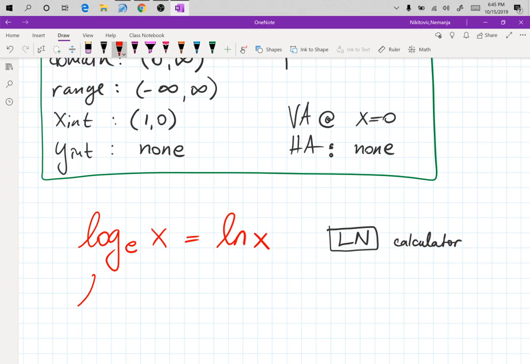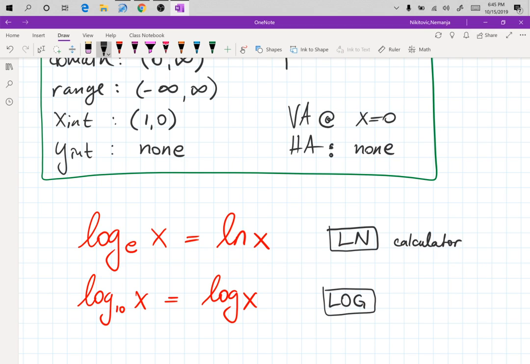The other one is log base 10 of x, which is just written as log x. So if you see no base, the base is 10, featured on your calculator as LOG.